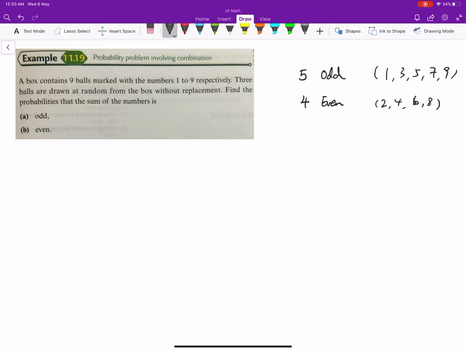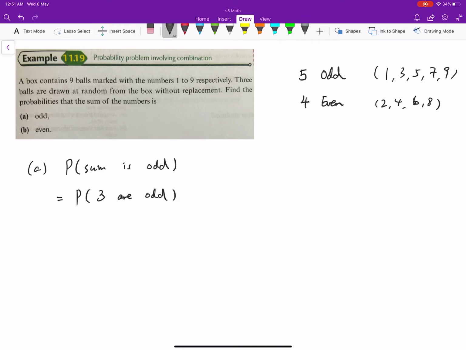Now find the probability that the sum of the numbers is odd. So part A, P(sum is odd). Here we need to think about what kind of combination of the numbers will give an odd number. For example, you will get an odd number if all 3 of them are odd numbers, right?